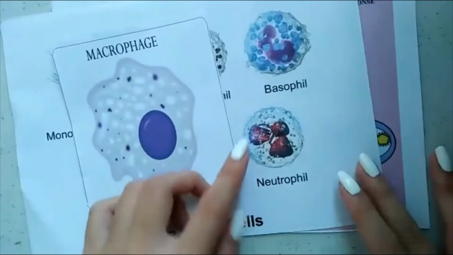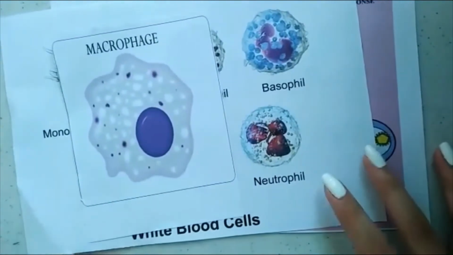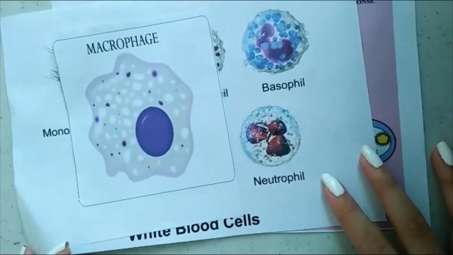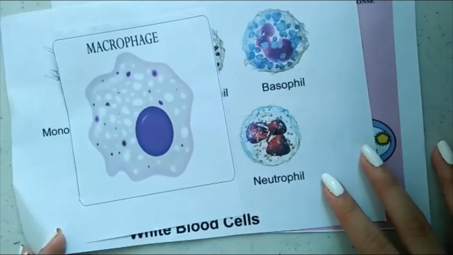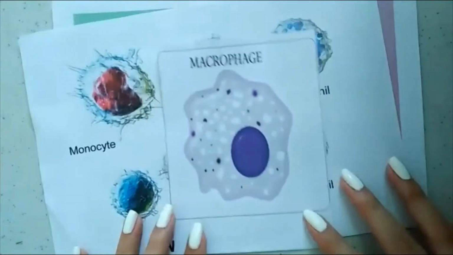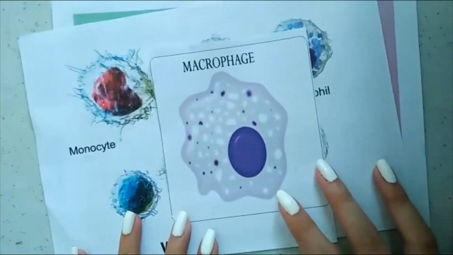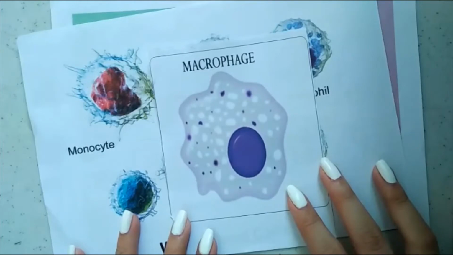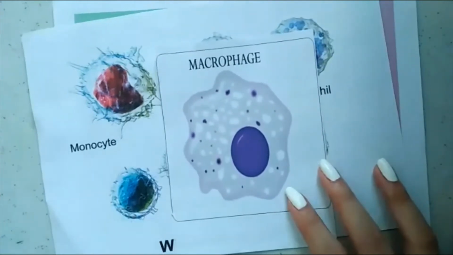And for the neutrophil, they circulate around the body in the bloodstream, and when they sense signals that an infection is present, they are the first cells to migrate to the site of the infection to begin killing the invading microbes. And lastly, for the macrophage, a cell responsible for detecting and destroying pathogens and apoptotic cells.